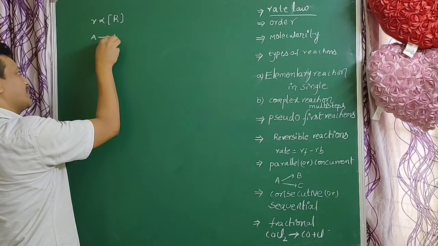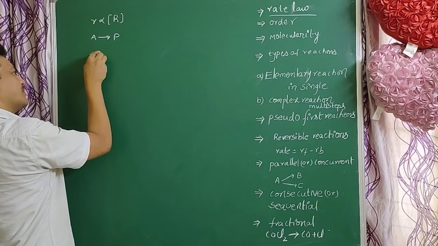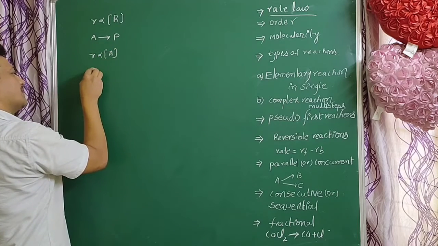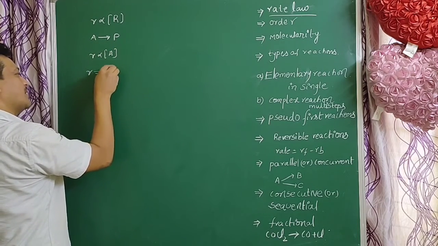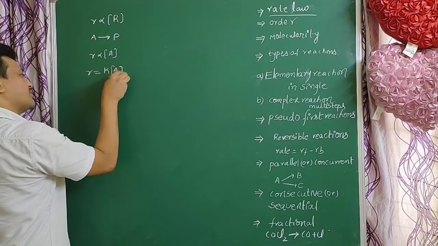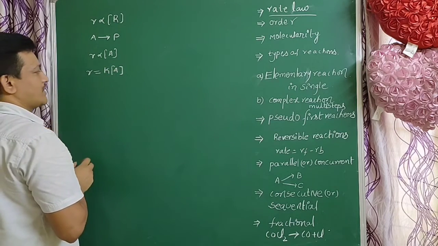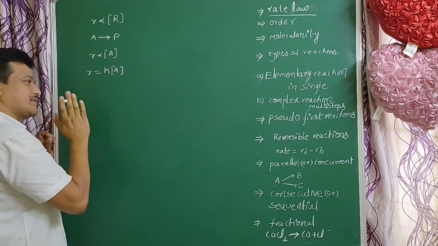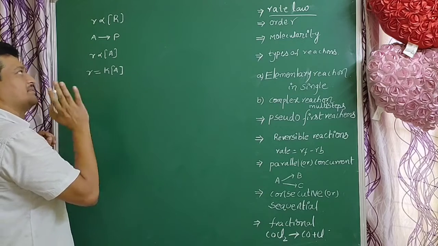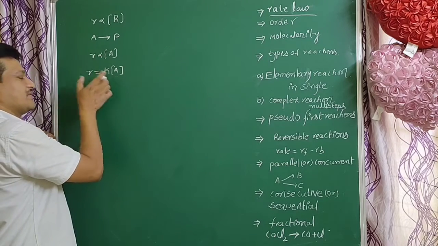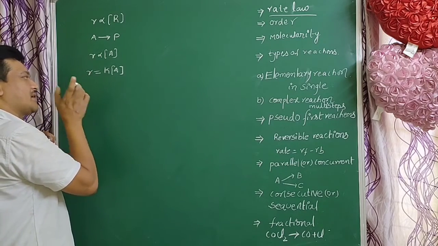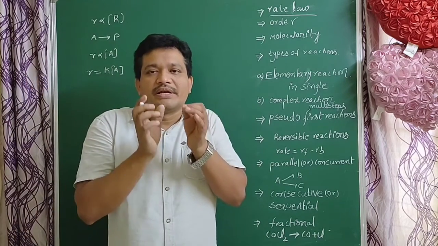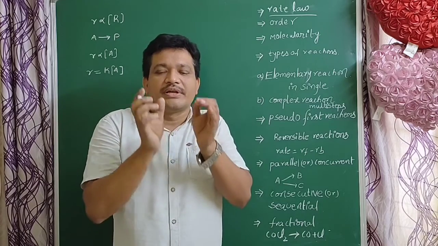For example, A gives products. The rate is directly proportional to the concentration of A, that is, R = K[A]. Except for zero order, in all the remaining orders, the rate is directly proportional to the concentration of the reactants.